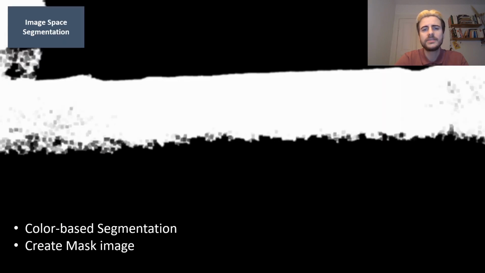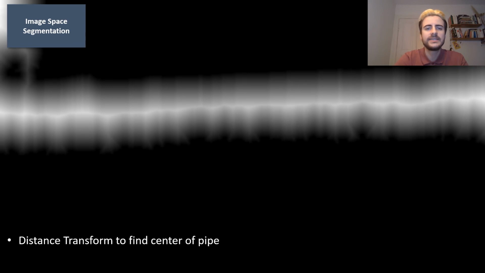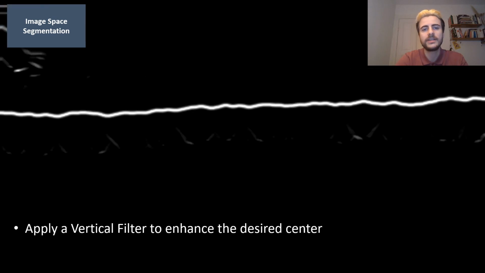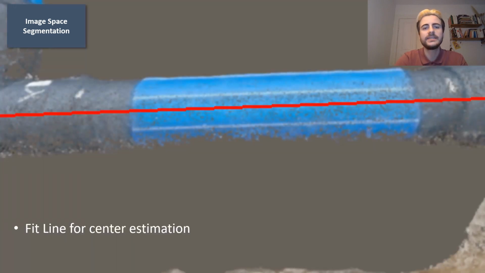Then the mask of the pipe is created via color segmentation. Distance transform filtering is used to estimate centers of the pipe. Further, a vertical filter is applied to enhance the desired center. And in the end, a line fitting approach is used to get the final center estimate in image space.